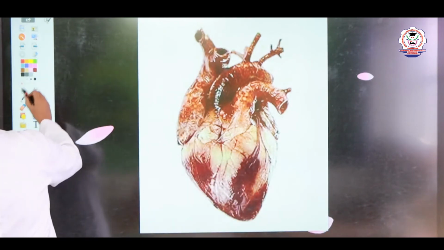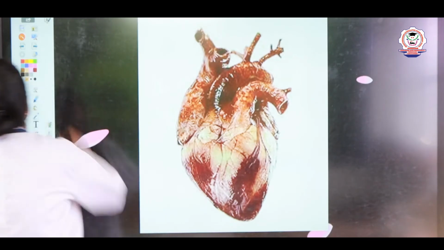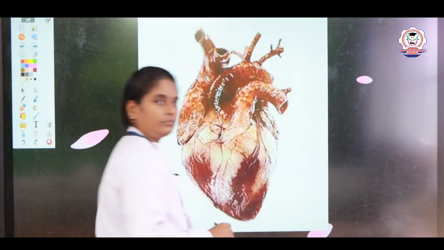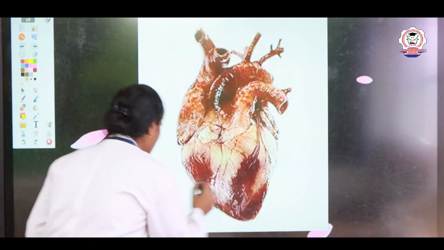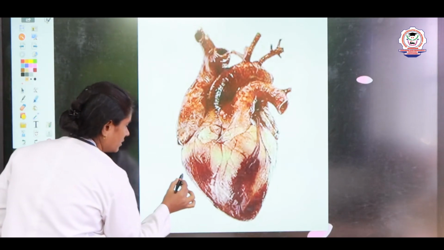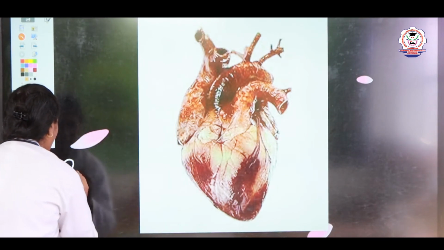Now let's see. The covering of the heart is known as pericardium.